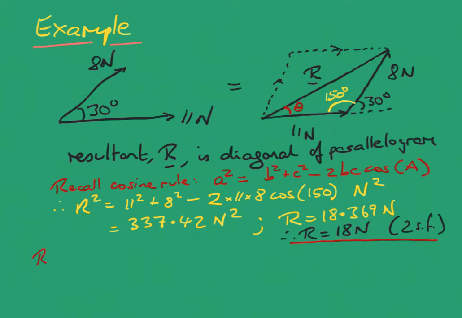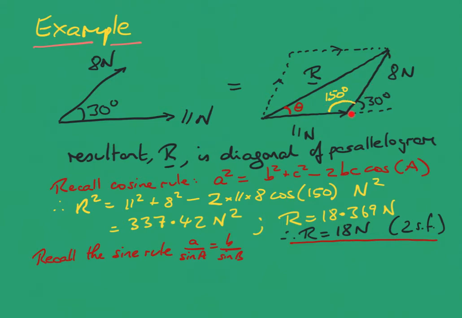So let's recall the sine rule. And that tells us that A over sine A is B over sine B, which is C over sine C. So in this particular case, we've just evaluated this side and we know what this angle is.